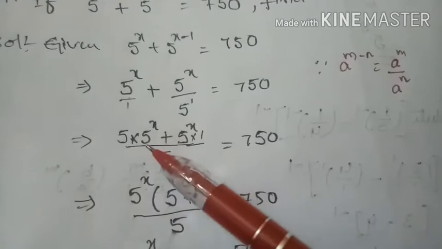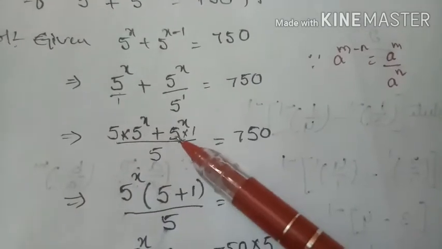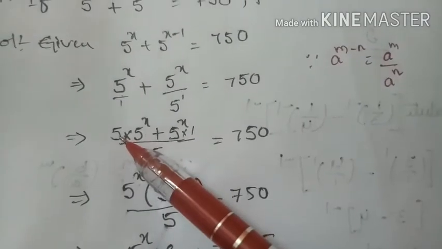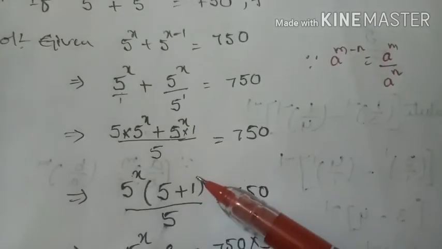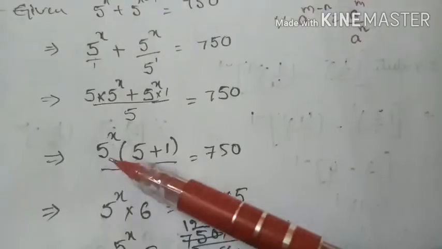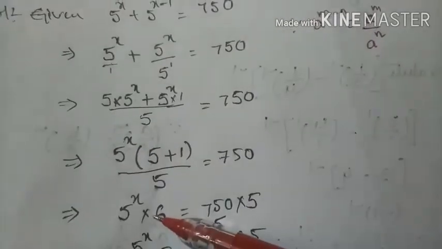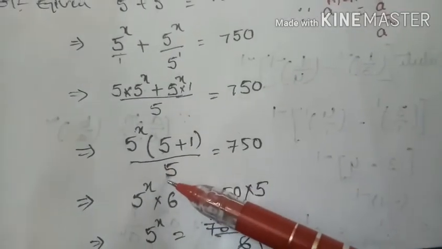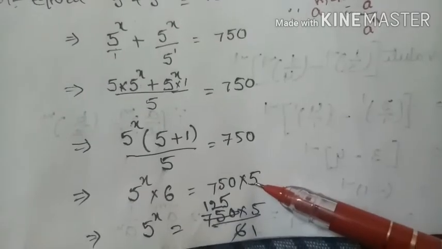Now tell me what is the common value in these two? 5x. So I got 5x as the common, into the rest of the values 5 plus 1 by 5 is equal to 750. That means 5 power of x into 5 plus 1 is 6 is equal to 750. This 5 is divided on this side, it will go that side and become multiplication.